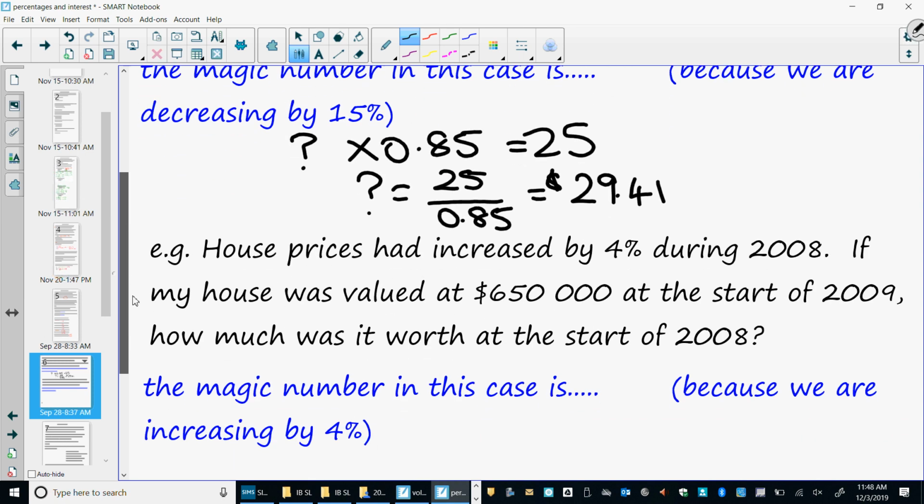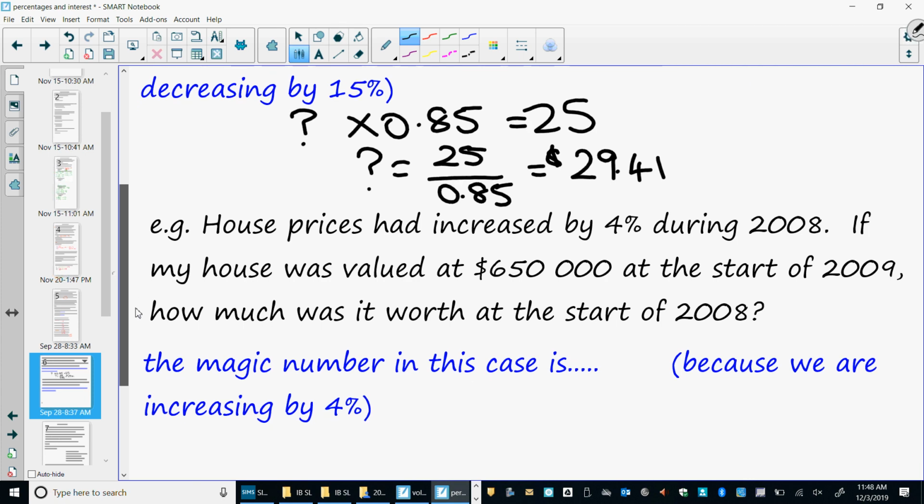Next example: house prices had increased by 4% during 2008. If my house was valued at $650,000 at the start of 2009, how much was it worth at the start of 2008? So, something has increased in price by 4%.